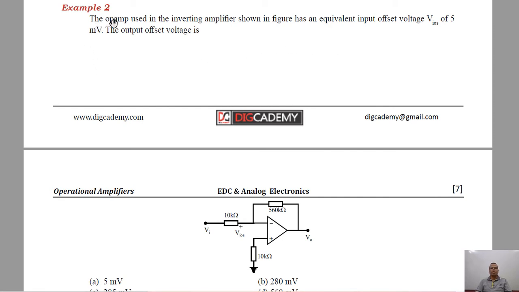The first example based on this topic: the op-amp used in the inverting amplifier shown in the figure has an equivalent input offset voltage of 5 millivolt. What is the output offset voltage? We are given simply the input offset voltage, nothing is said about input bias current or input offset current of the circuit.